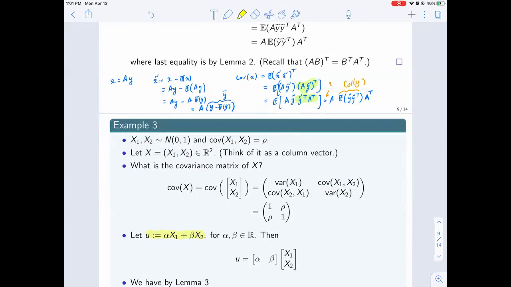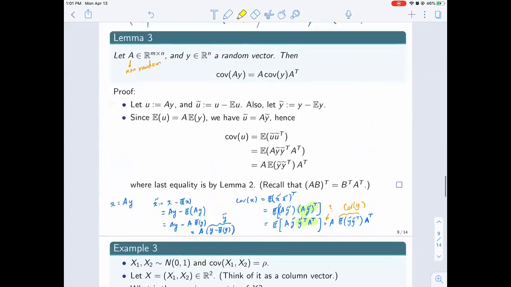And so this is a linear combination of the elements of X. And the idea is that I can write this U as this row vector times the vector X. Suppose now I want to compute the covariance matrix of U. So can I use this previous result here?